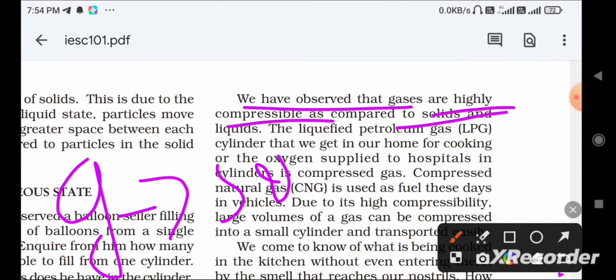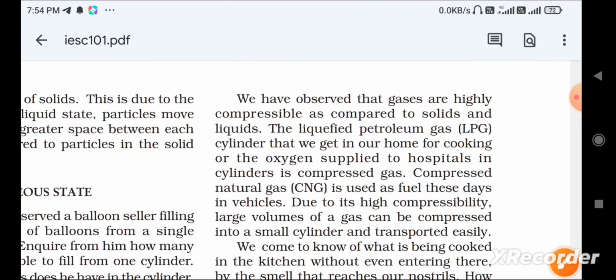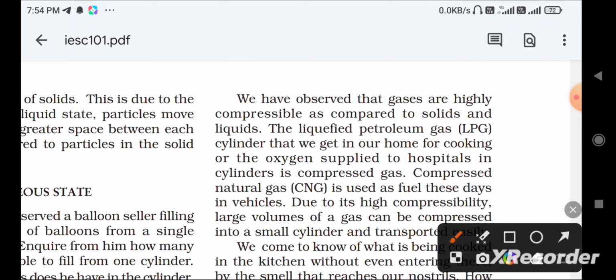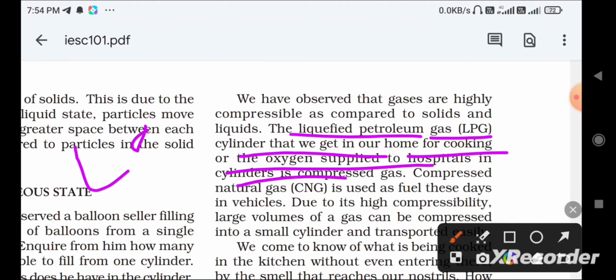So next, the liquefied petroleum gas, LPG cylinder that we get in our home for cooking, or the oxygen cylinder supplied to hospitals, is a compressed gas. We are using LPG in our home, correct?